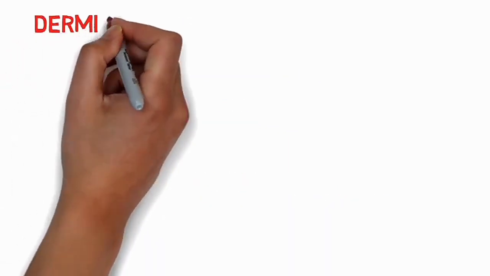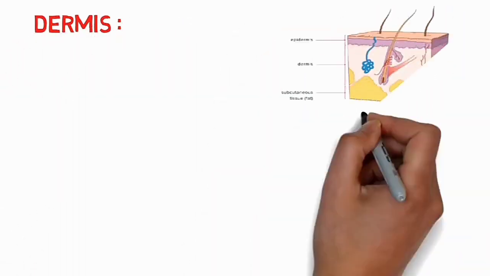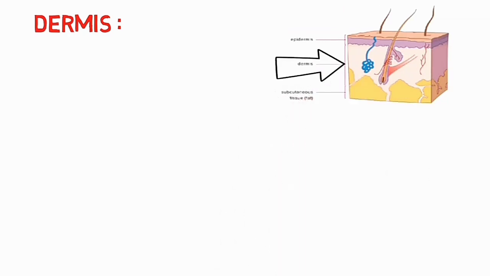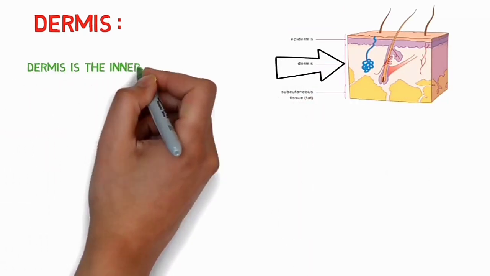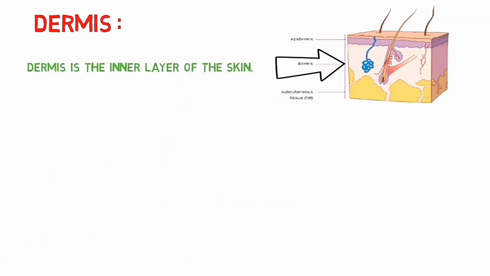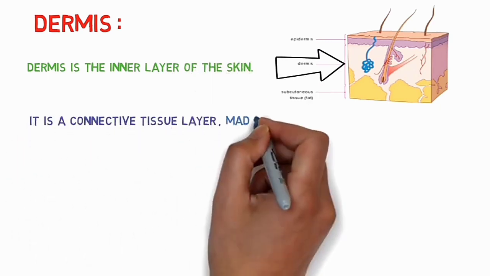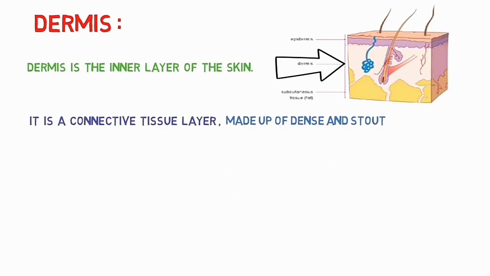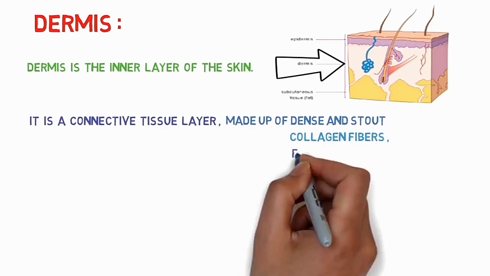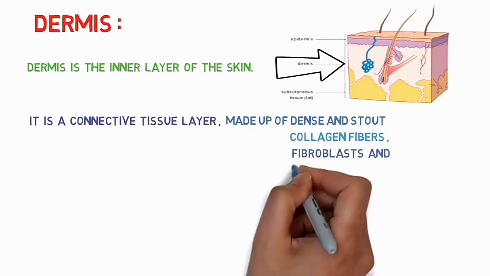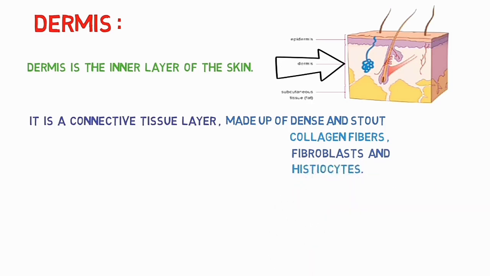Now, after epidermis, there is second layer known as dermis. Dermis is the inner layer of the skin. It is a connective tissue layer made up of dense and stout collagen fibers, fibroblasts, and histiocytes.